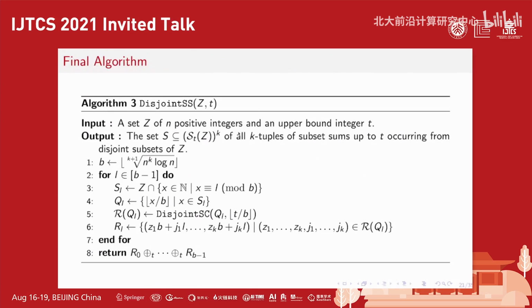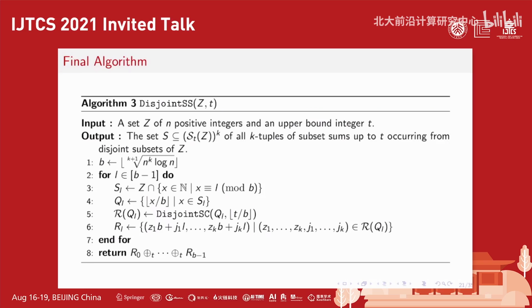And the main algorithm simply takes the input set, partitions it into congruence classes, and solves the problem for the now much smaller values, because we divided all our values by b, along with keeping the cardinality of the respective subsets.